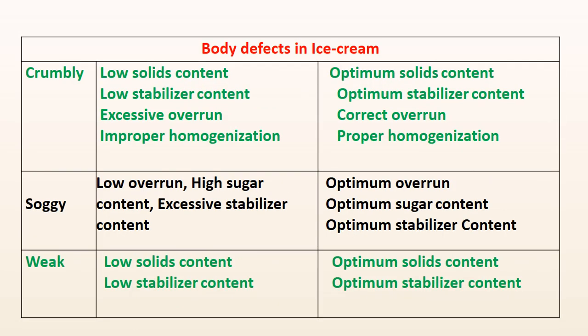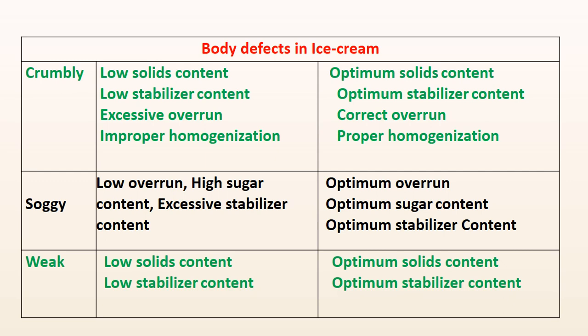Here we will see the body defects in ice cream. The first one is crumbly. The cause is low solids content, low stabilizer content, excessive overrun and improper homogenization. And the prevention is by using optimum solids content, optimum stabilizer content, correct overrun and proper homogenization.